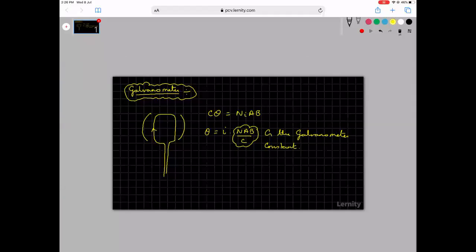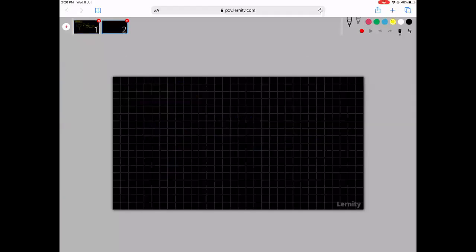Then in yesterday's class, I was talking to you about how to convert a galvanometer into an ammeter. An ammeter is a device that measures current.